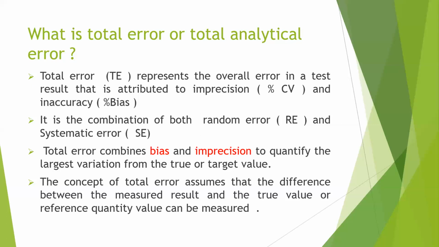So total error combines both these aspects. Imprecision usually causes random error and inaccuracy usually causes systematic error. So when we club both these types of error, we get total error. It combines bias and imprecision to quantify the largest acceptable variation from the true or target value.